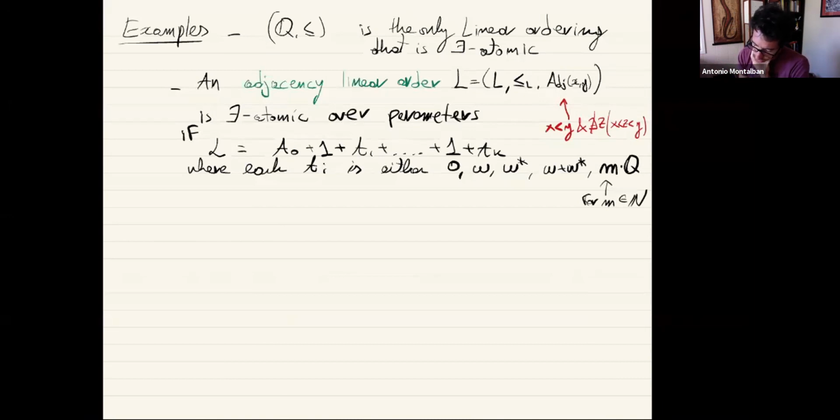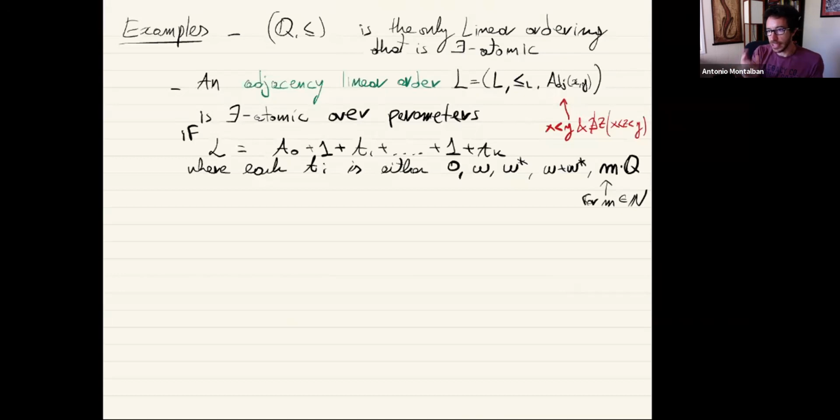The proof of this is a bit hard. Showing that those guys are atomic over parameters is not hard, and you can try it out. Showing they are the only ones requires some work. And actually, if you remove the adjacency, these are also the only ones of Scott rank 2 over parameters.